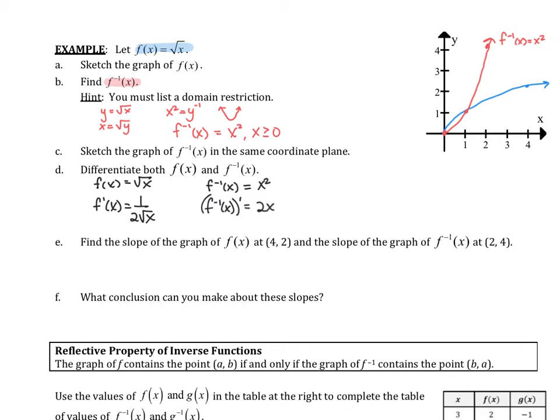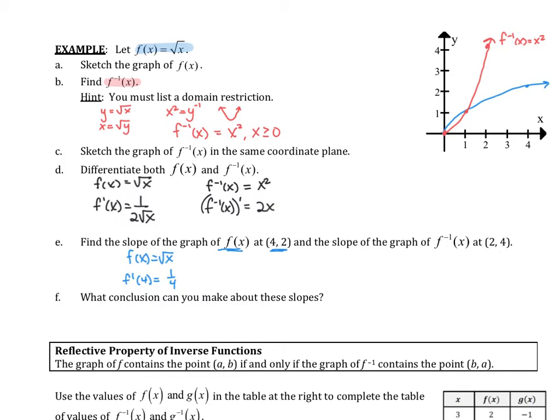Okay. Now it says, let's find the slope of the graph of f of x. So remember, f of x was in blue, so let's find the slope of the graph of f of x at (4, 2). Well, to find the slope, we're going to use that point in the derivative. If f of x is root x, f prime of 4, the slope at 4, is 1/4.